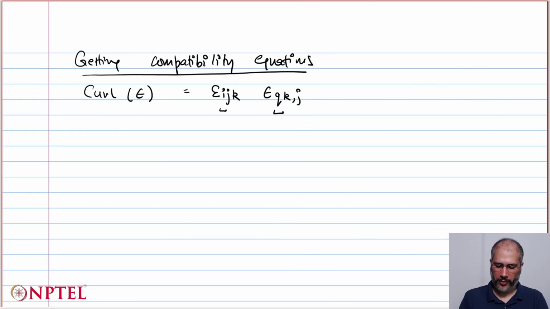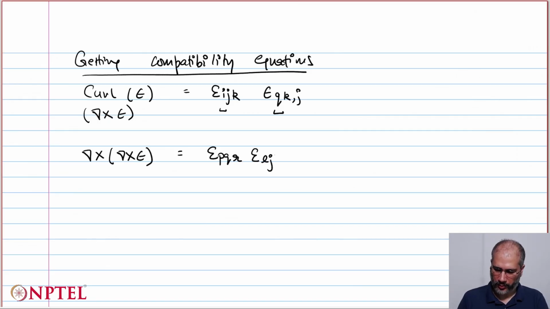Now with this definition of curl, we also write this as the symbol nabla cross strain. So with this I can write the curl of strain tensor in the indicial notation as epsilon pqr times epsilon ljk times strain rk comma jq.